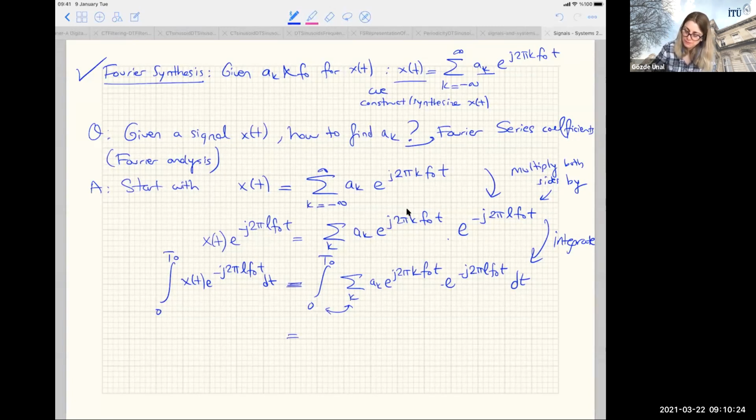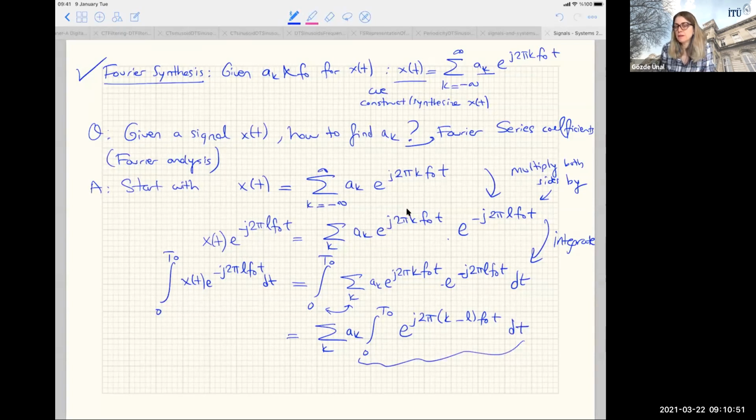Due to the properties of these basis functions, ak is out, since ak depends only on k. The integral from 0 to T0 of e to the j 2 pi, k minus l, f0 t dt is 0 when k is not equal to l, and it's equal to T0 when the two indices match.